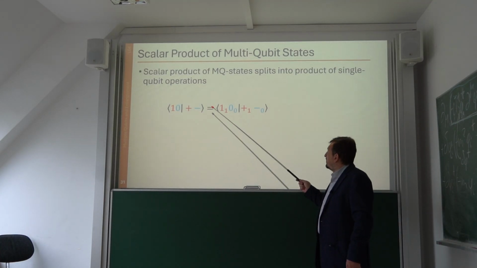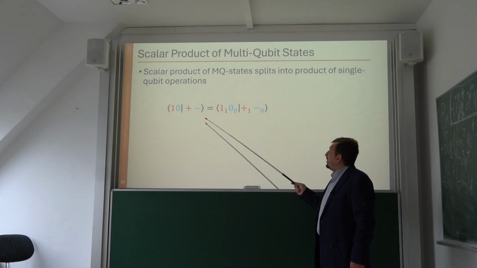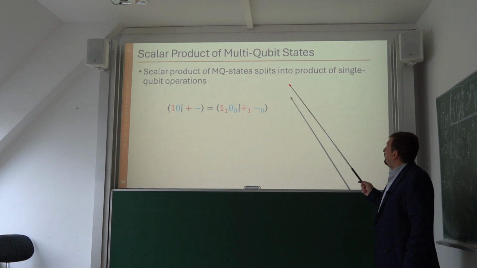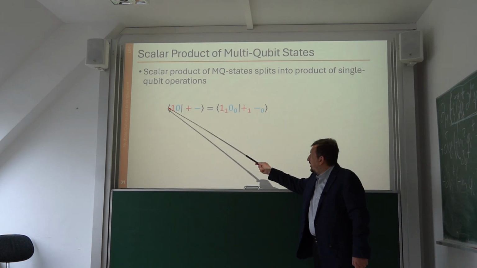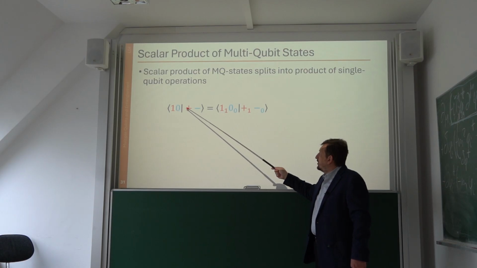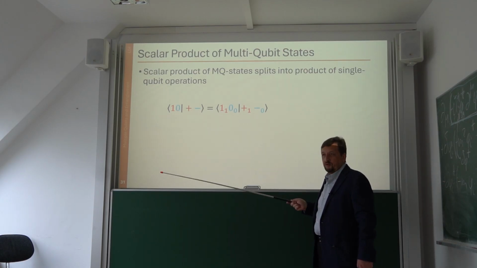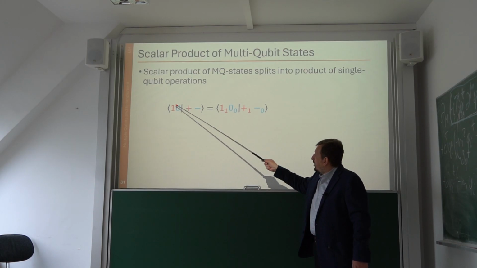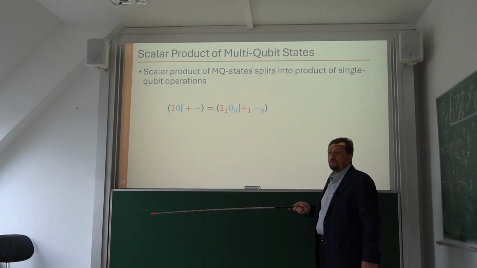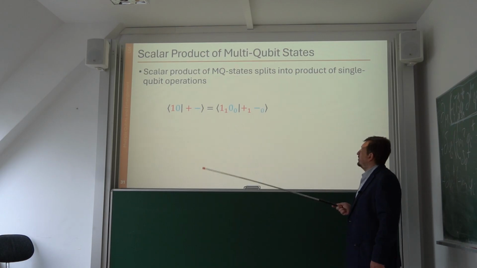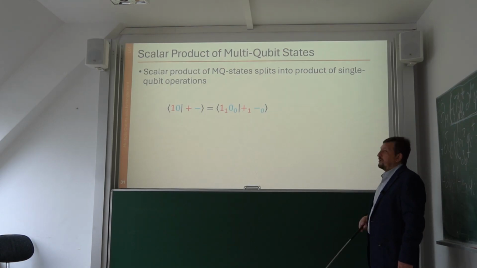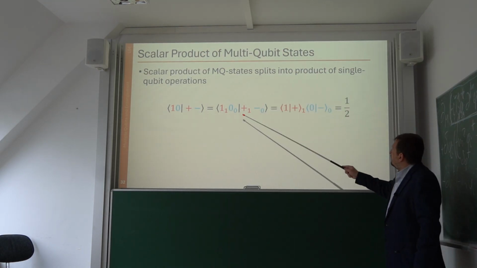For qubits, the scalar product splits into a product of single-qubit scalar products. For example, we want to find the scalar product of the state 1, 0 with the state plus, minus. Color red corresponds to qubit number 1, blue corresponds to qubit number 0. So I have such a multi-qubit scalar product.